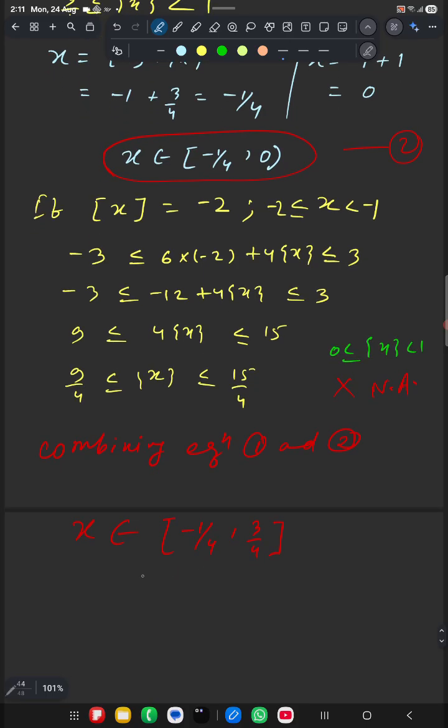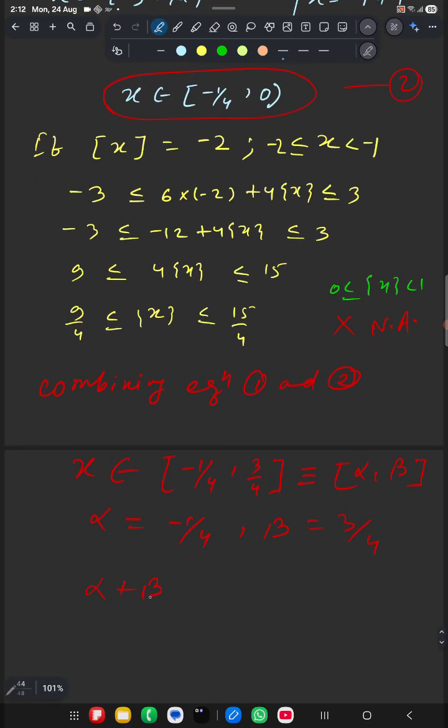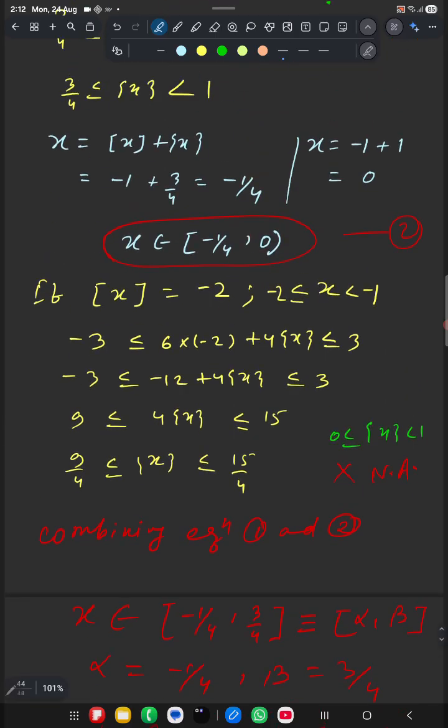Clear? If you compare it with your question, alpha and beta with closed interval, so alpha is minus 1 by 4 and beta is 3 by 4. Alpha plus beta will be minus 1 by 4 plus 3 by 4, which gives 2 by 4, that is 1 by 2. So 12 into alpha plus beta, very simple, 12 into 1 by 2 is 6. 6 is the answer.